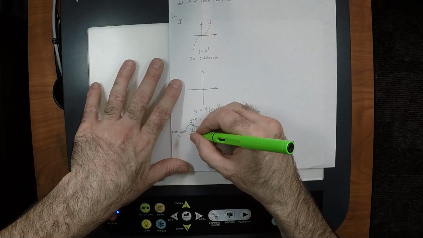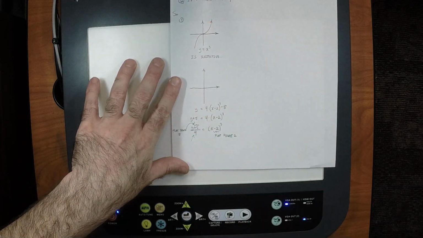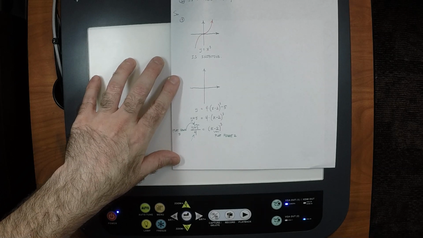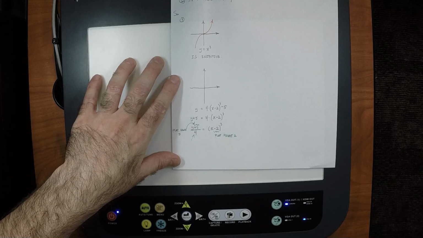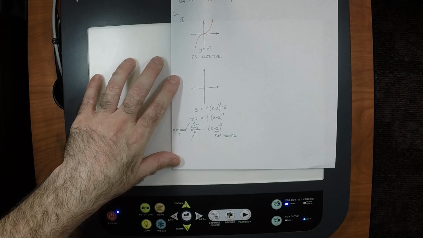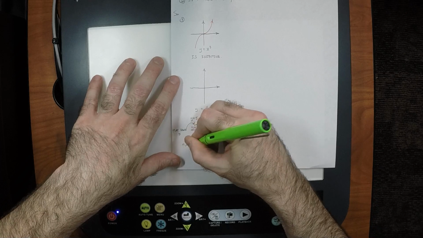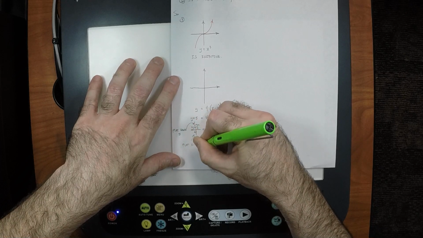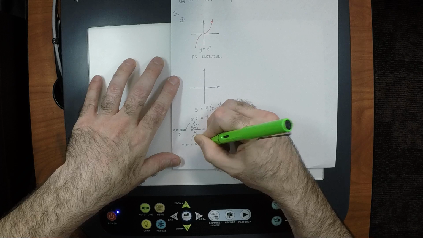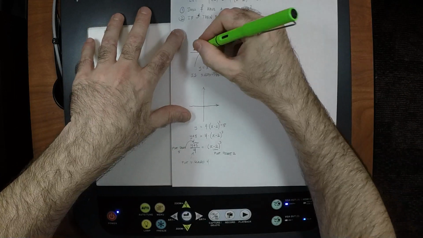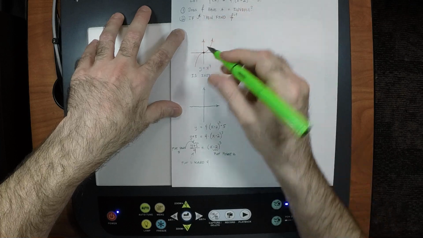And then what is the effect of this 4 there? It's a scale. So is it a horizontal or a vertical scale? Vertical scale. So the plot is going to be vertically scaled by a factor of 4. So as a result, you can have a good idea of what happens.